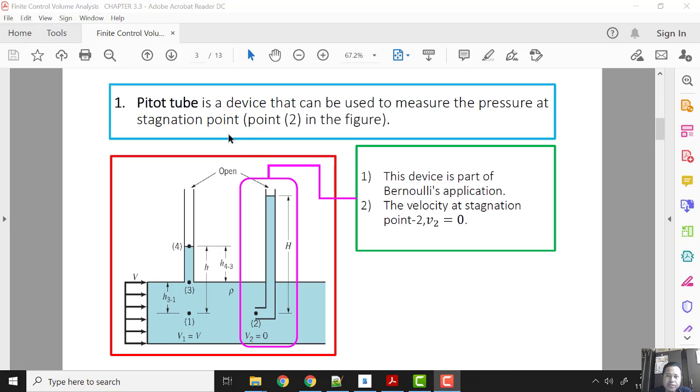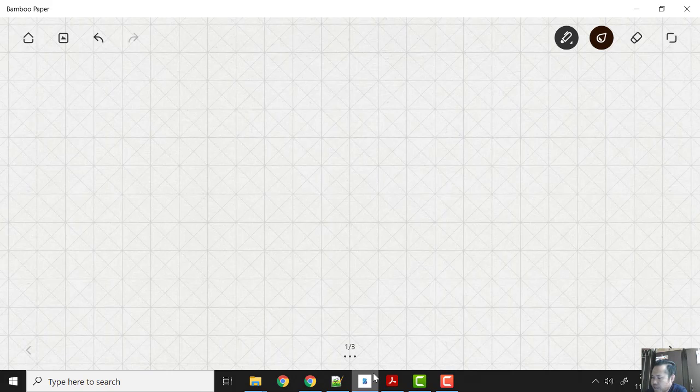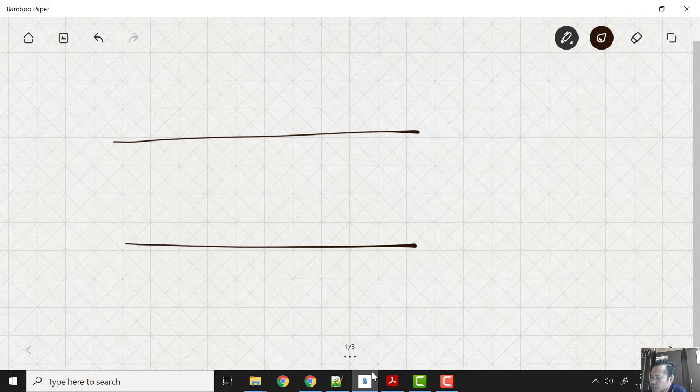Okay, what is a Pitot tube? A Pitot tube is a device that can be used to measure the pressure at stagnation point 2, which is in this figure. This type of tube here, the L-shaped tube, we call it a Pitot tube. At the front of the tube, at point 2, the stagnation point, the velocity is equal to 0. So here we have a pipe, and inside the pipe we insert a Pitot tube looking like this.